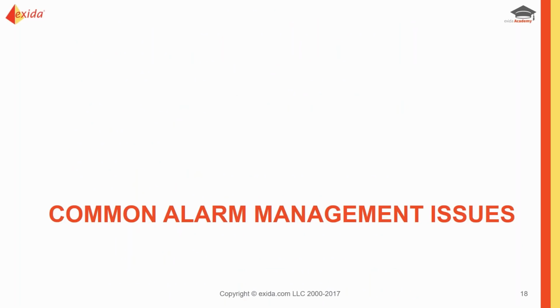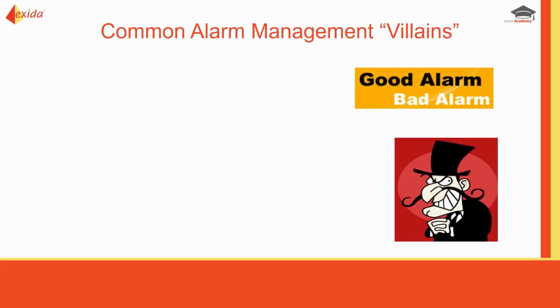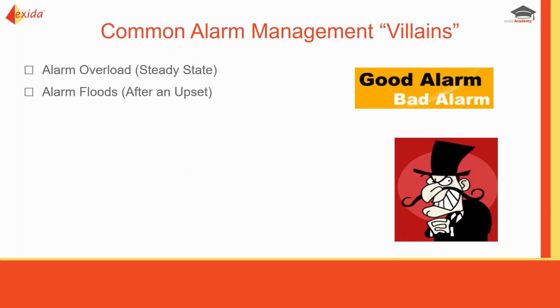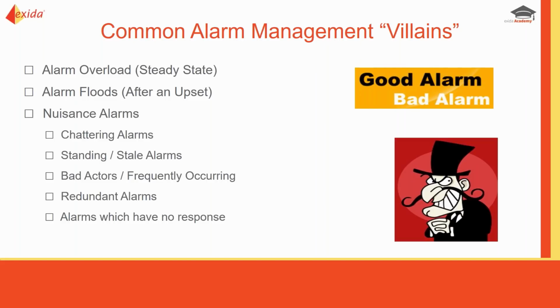So we'll look at some common alarm management issues. And I like to call these alarm management villains. And they include when operators get too many alarms, whether it's a steady state scenario, normal operation, or an alarm flood after an upset. Nuisance alarms are another big area that can impact the alarm system and how well the operator can make use of it.